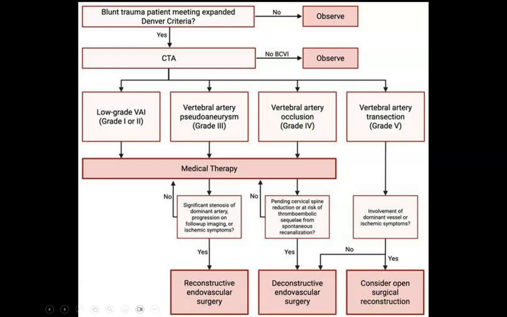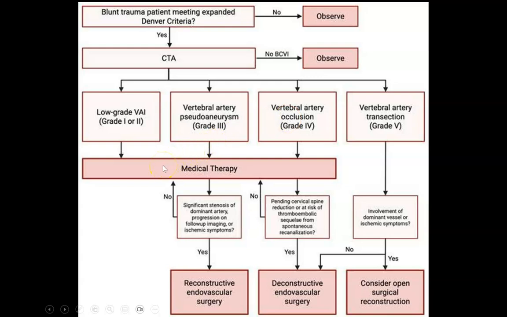So again, blunt trauma, Denver criteria, Memphis criteria, not present, observe. Present, CT angiography. CT angiography normal, observe. CT angiography abnormal, grading 1 or 2 or 3 or 4, start medical therapy.